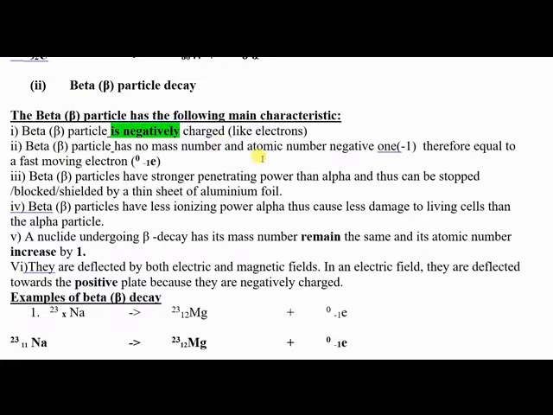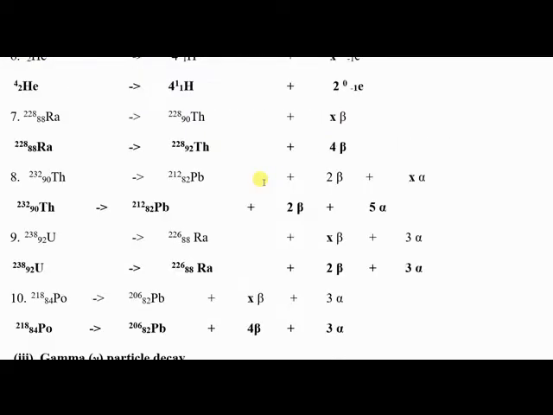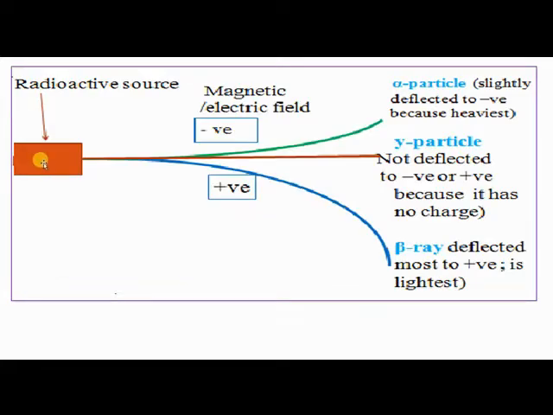Very important. So if they are negatively charged, when we have a radioactive source, with a positive and a negative plate as you can see, beta being negatively charged, it will be deflected towards the positive.